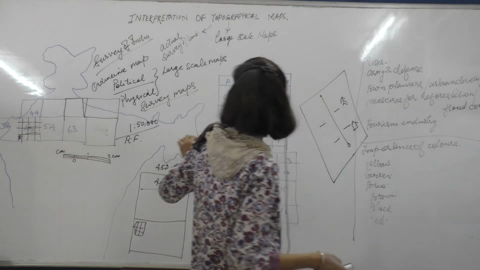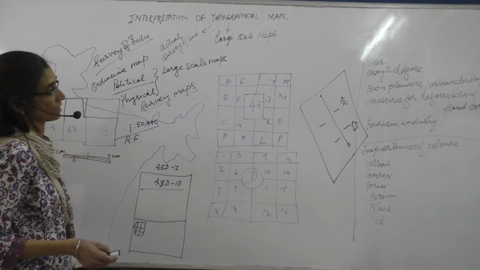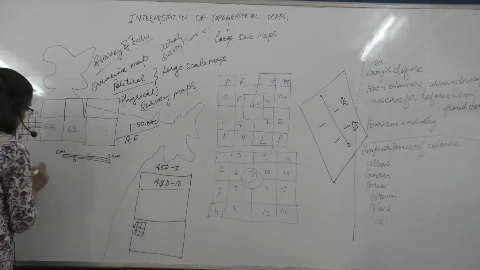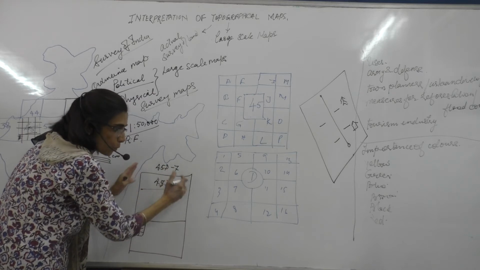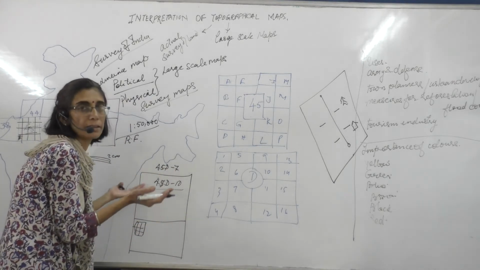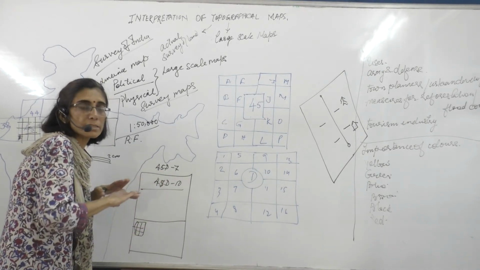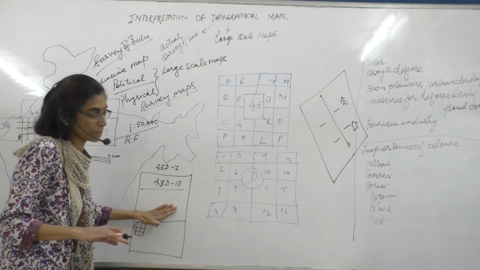They need to locate a smaller place, minute details, then they use them. Town planners want to lay down the pipeline, so they have a very detailed map. They know what kind of terrain the region has, whether it is a rocky area, a hilly area, or a completely plain area. They come to know through the survey maps.